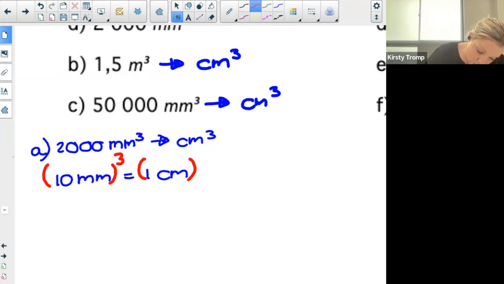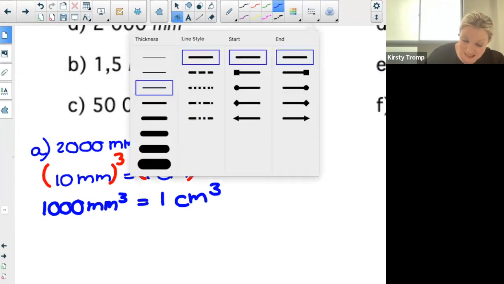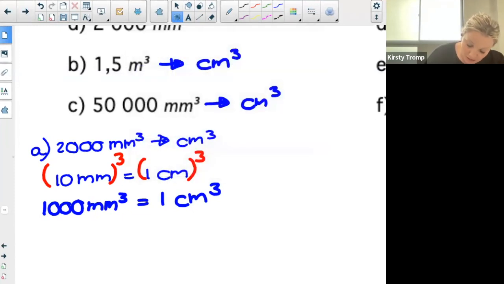I must cube both sides. So when I cube both sides, 10 cubed gives me 1000 millimeters cubed, and 1 cubed gives me 1 centimeter cubed. So to get from millimeters cubed to centimeters cubed, I must divide by 1000.